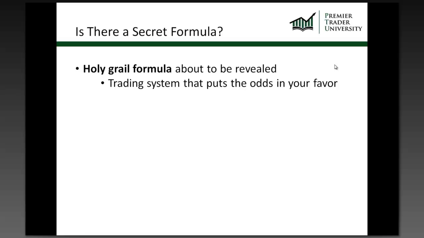Now I'm going to ask you a question in regard to that. Do you think you can be successful as a trader with a system that wins 35% of the time? I'll pause here and see if anybody wants to answer that. So again, the question is, can you be successful with a system that wins 35% of the time? Yeah. And there are traders that actually are successful with that.